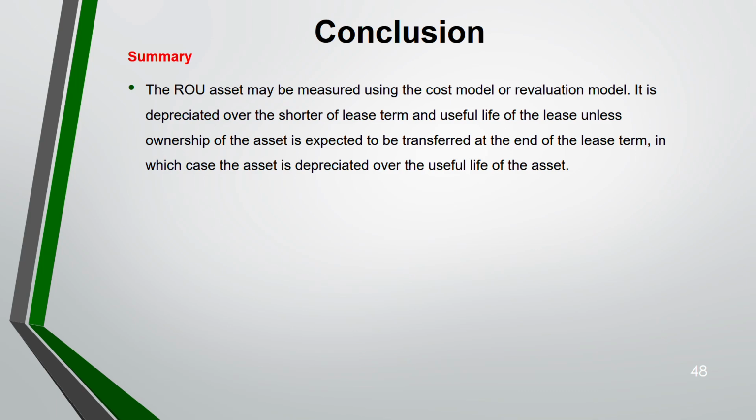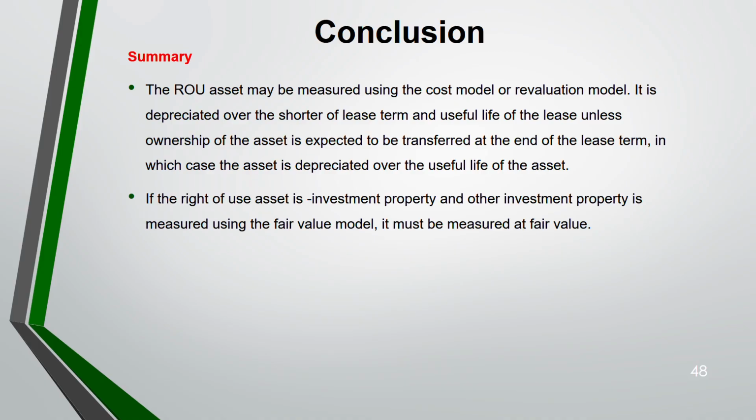This is the subsequent measurement for the right of use asset. You depreciate it over the shorter of lease term or useful life if you are not going to own the asset at the end of the lease term. But if you are going to own the asset at the end of the lease term, you will depreciate it over the useful life. If your right of use asset is an investment property, you will measure it using the fair value model.